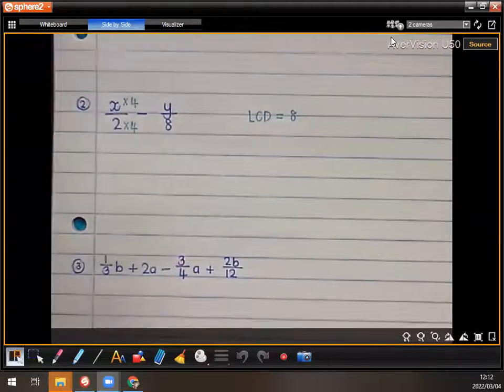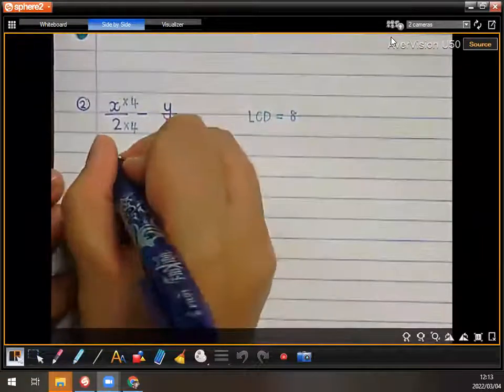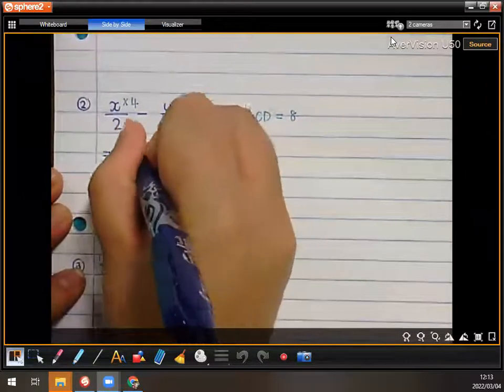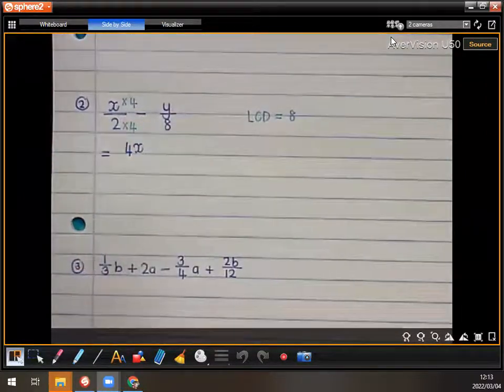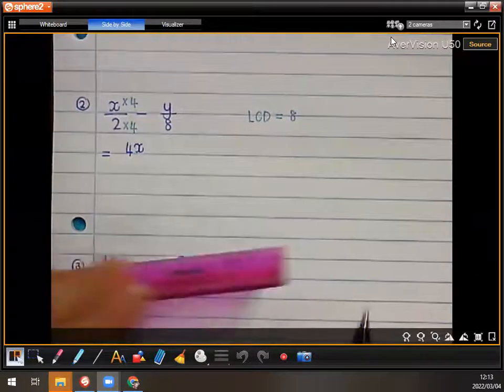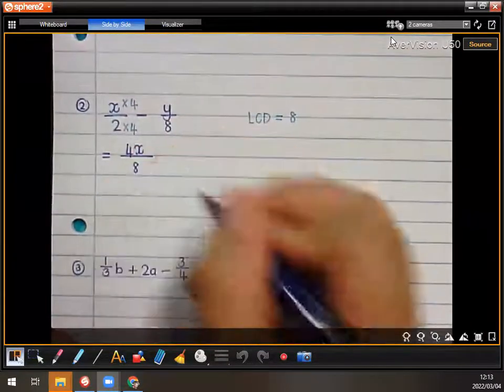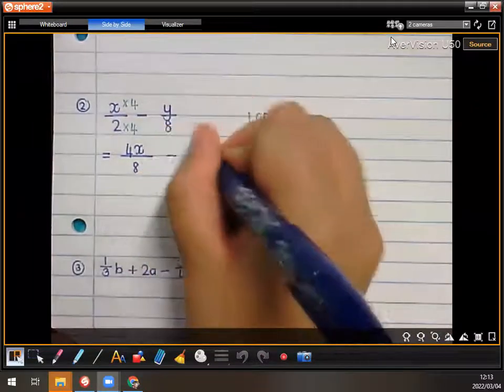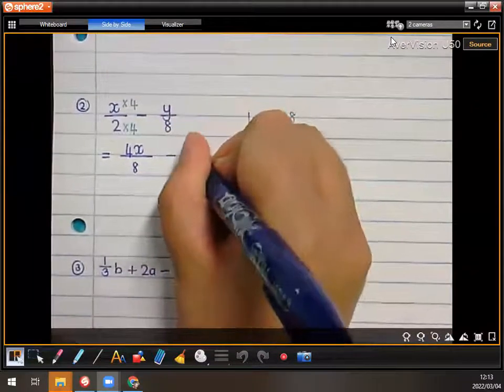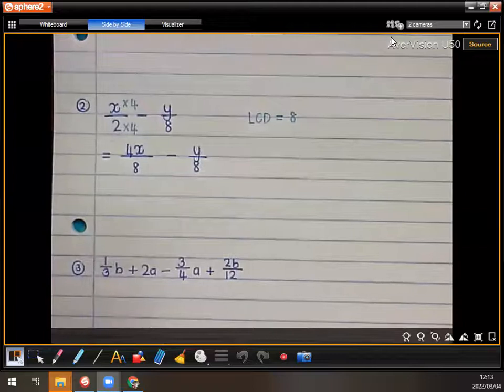All right? So my first fraction is going to become 4x, right? X times 4, we're just going to write that as 4x, over 2 times 4 is 8, minus y over 8. Now we can subtract these fractions from each other, right?